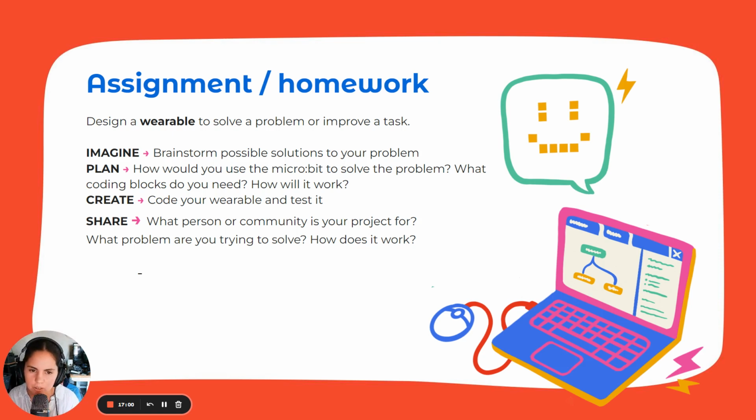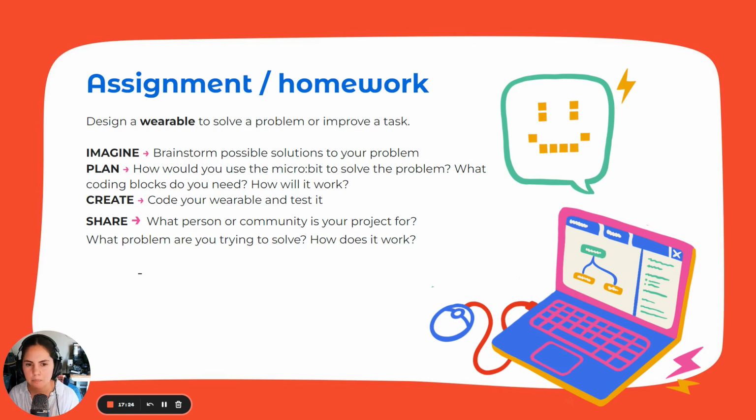So try to include maybe sensors or all the coding blocks that you already did or not, and you will research someone. And don't forget to first pick a problem, then imagine, brainstorm possible solutions, plan how you will do it.